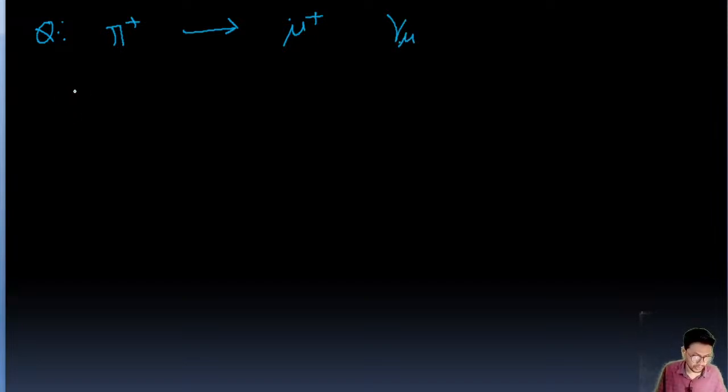So we have to check whether it is made by weak interaction, electromagnetic interaction, or strong interaction. So we'll check Q, charge +1, +1, 0, conserved. Lepton number 0, 0, and this is the antiparticle of mu minus, the muon, so this is -1. So this is conserved.